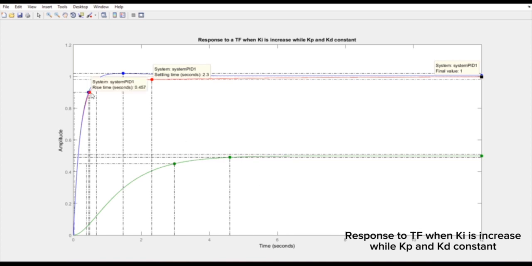This is the response for PID1, and now let's go for the response for PID2. As you can see, this is the response for PID2, and this is the rise time, settling time, and final value.